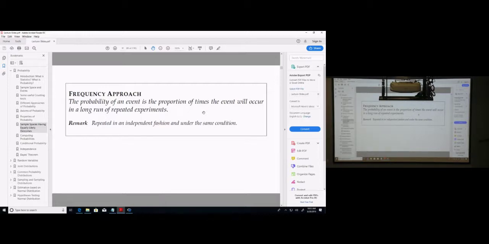If you are able to prescribe the entire model, what is going on, then you put it into the computer and ask it to repeat over and over again. Each time, you observe whether a certain event you are interested in has occurred or not. Then you basically do a lot of counting.